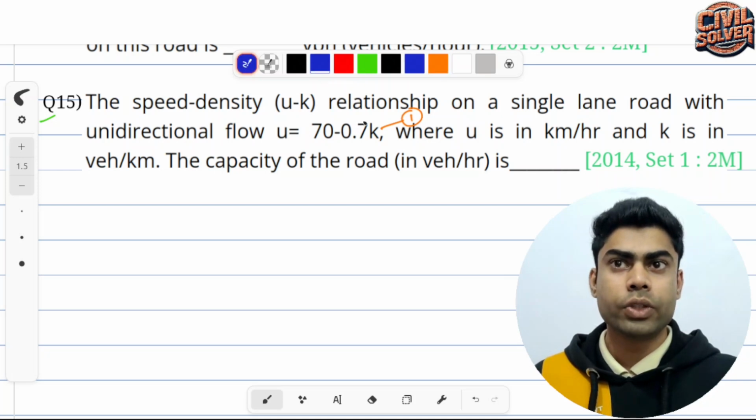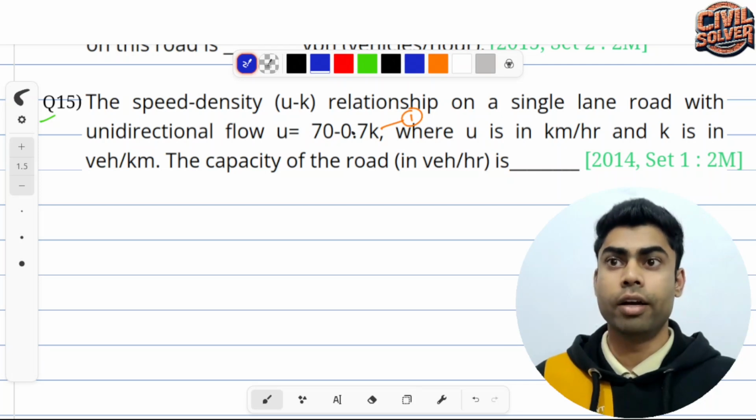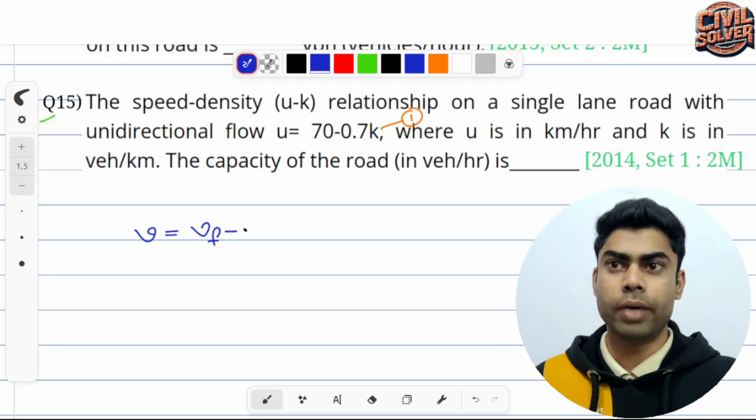By looking at equation 1, we can see that the speed and density are linearly dependent. That means it's a question of Greenshield's model. And for Greenshield's model, we know that v is equal to vf minus vf by kj times k. Let us call it equation number 2.